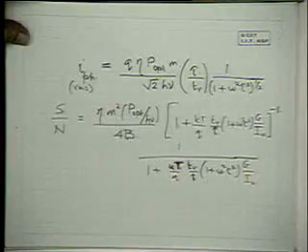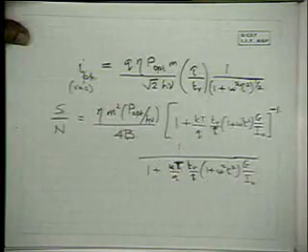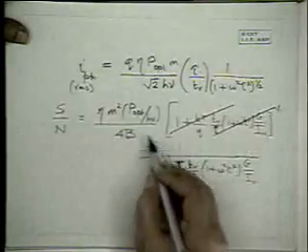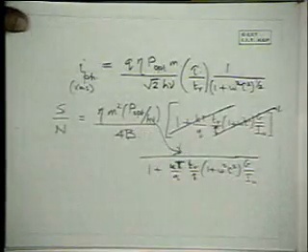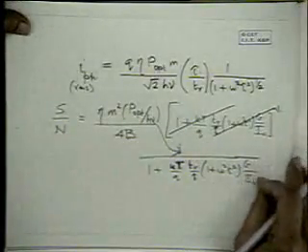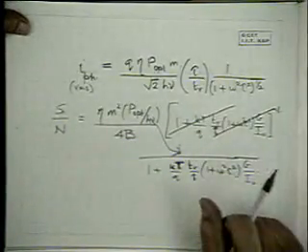So this is a typical example of how you can calculate the signal to noise ratio of a simple device like a photoconductor, in which there are two sources of noise: the generation recombination as well as the Johnson noise.